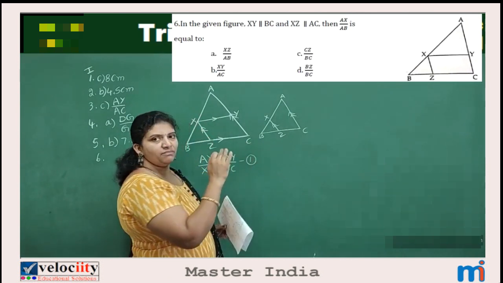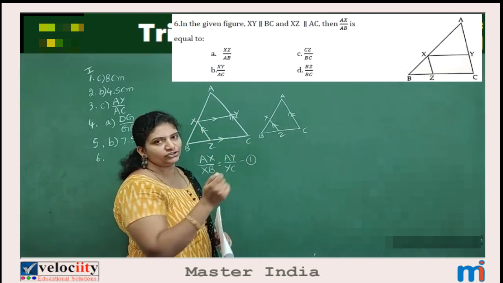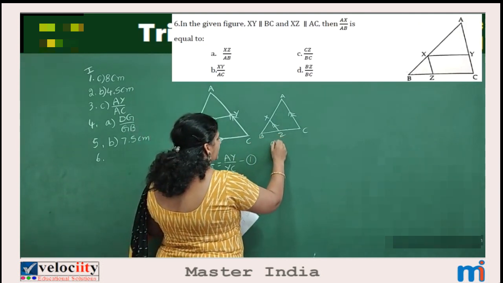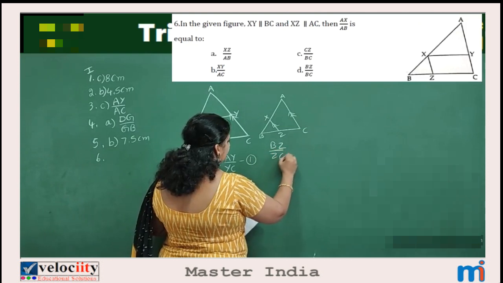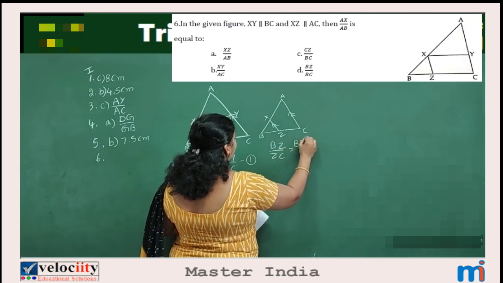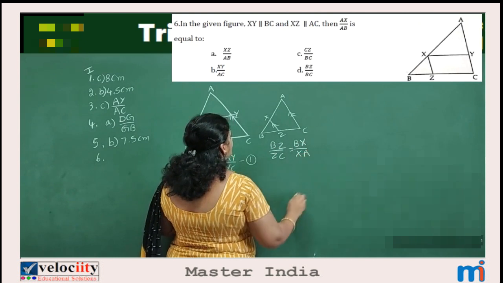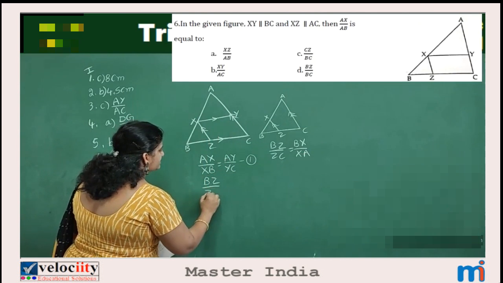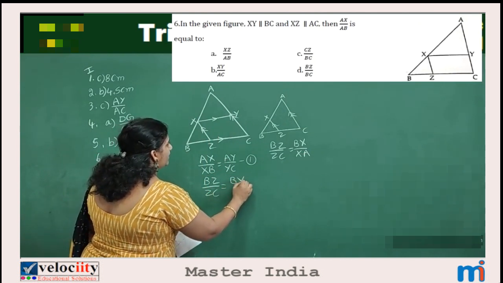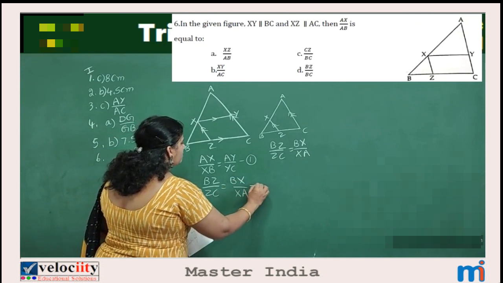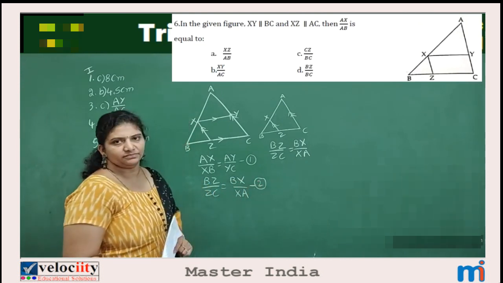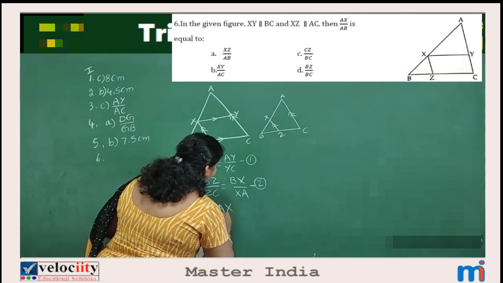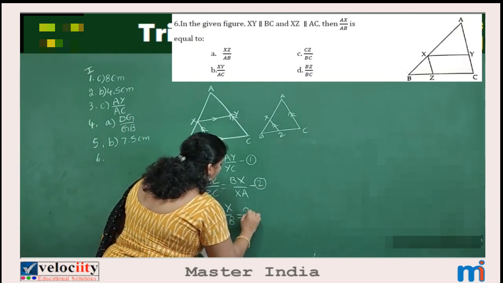B is the vertex. BZ by ZC is equal to BX by XA. Mark it as second equation.